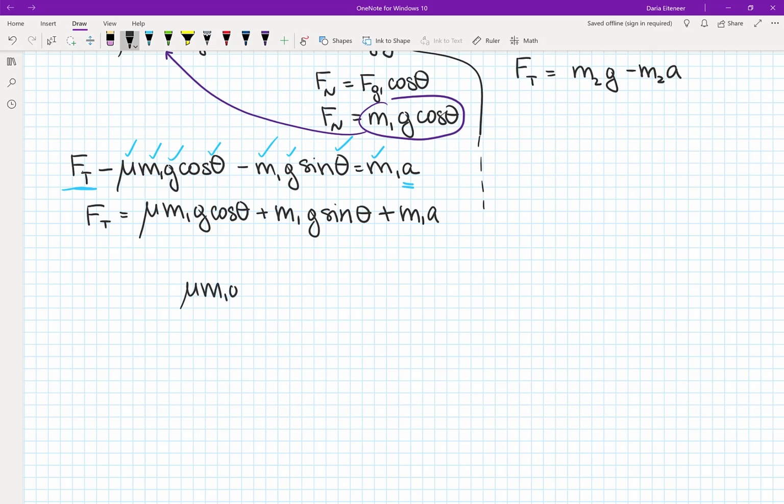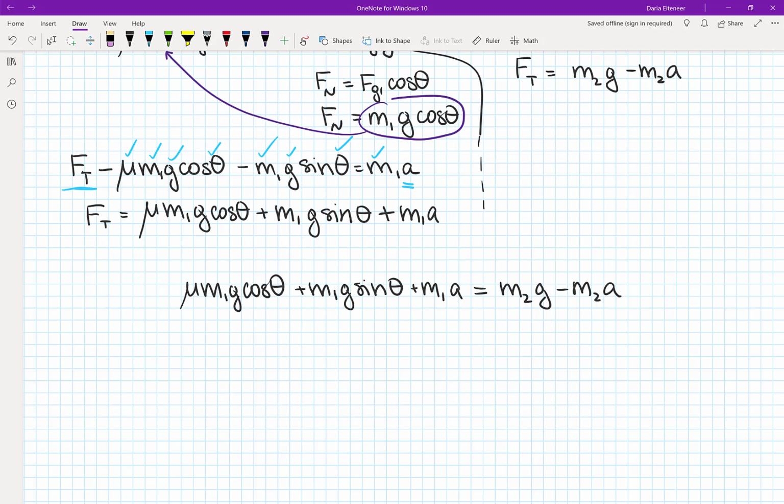Mu m1g cosine theta plus m1g sine theta plus m1a equals m2g minus m2a. Notice that in this case I cannot cancel out the masses because we have a combination of m1 and m2. So I can't simplify it too much. However, I can solve for acceleration.